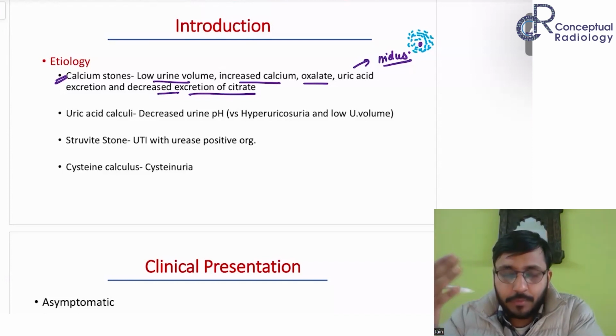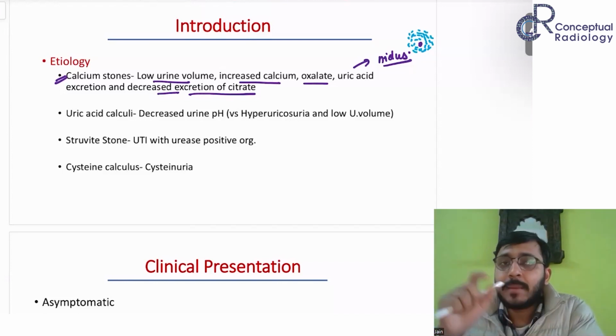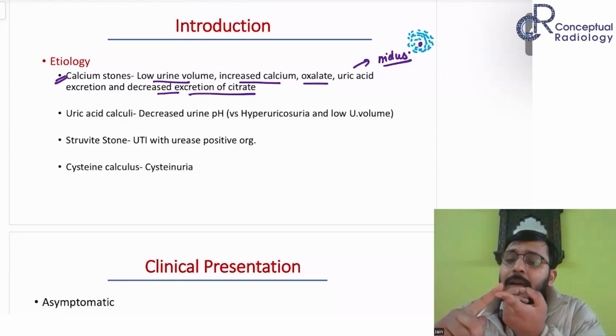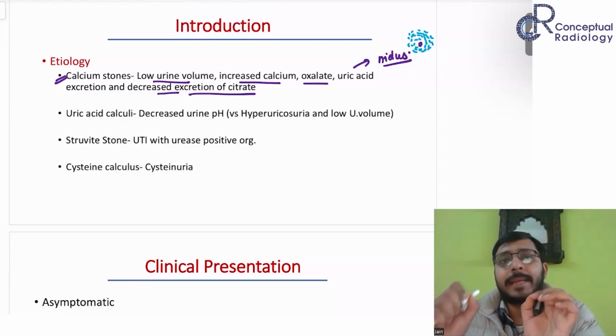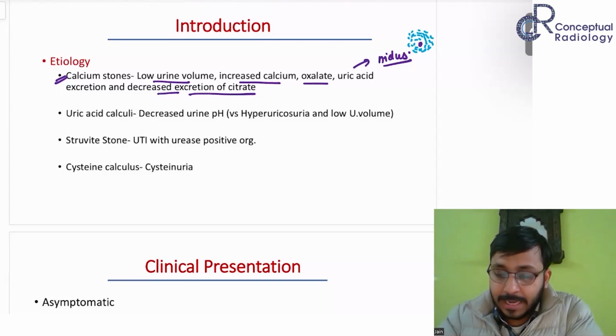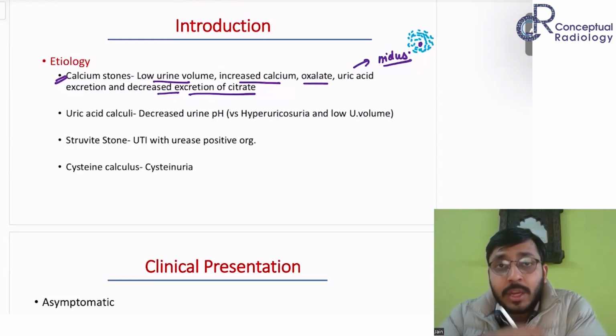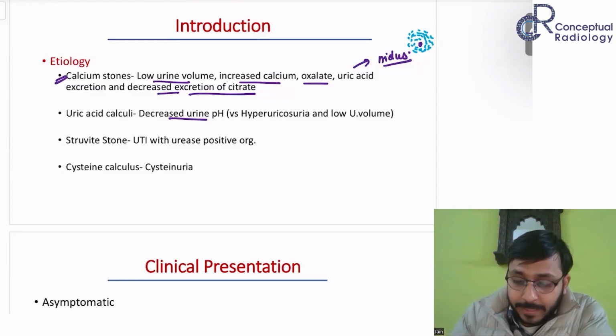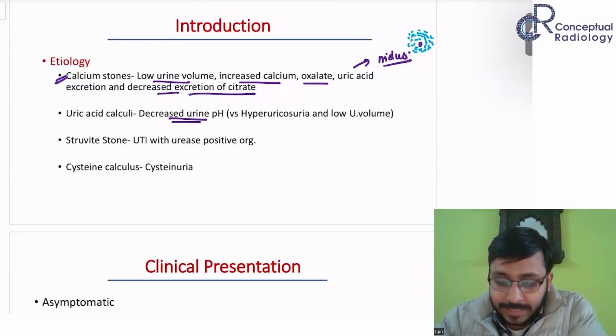Okay. Now, for uric acid calculi, the most important predictor is a low urinary pH. Most people think that hyperuricemia and hyperuricosuria will predispose to uric acid stones. No, low urine pH predisposes to uric acid calculi.